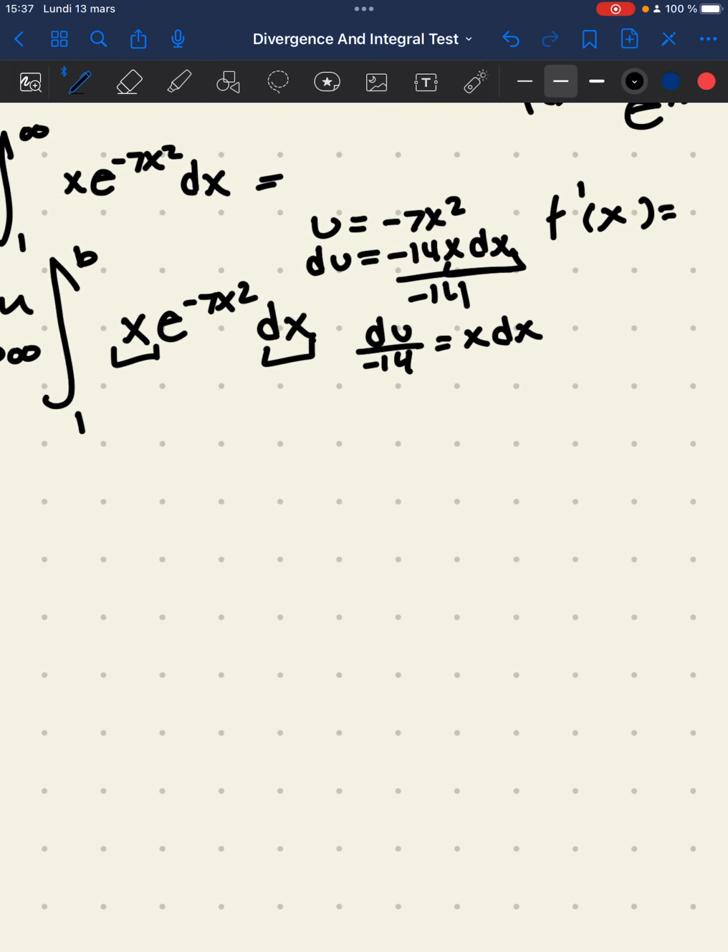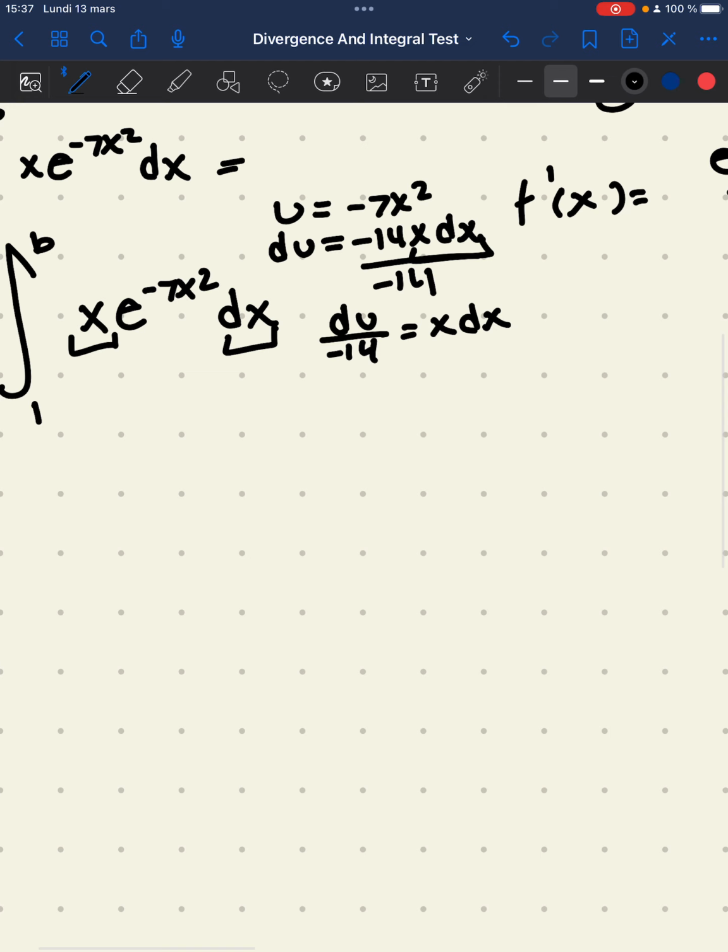But before we do that, we have to change our bounds. Since we have this in terms of x at the beginning and we change it in terms of u, we got to change everything into terms of u now. So u is equal to negative 7 at your first bound. You put your first bound in for your x, so it'd be negative 7b squared.